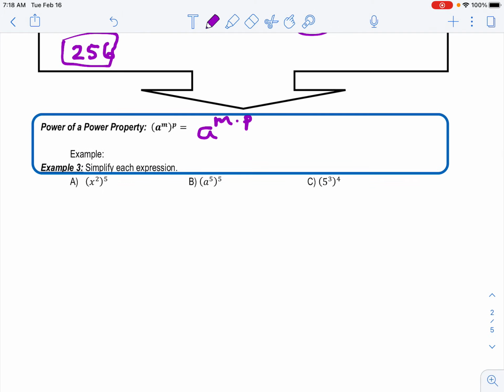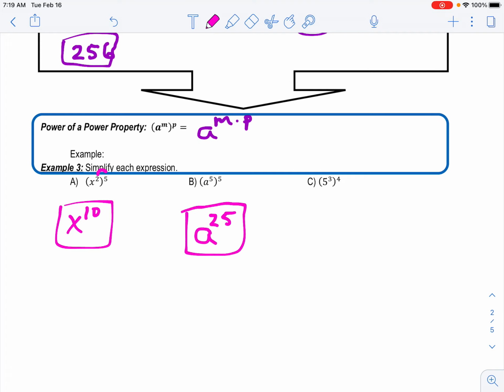Here we go. Let's try 3 examples. I've got x as our base. If I multiply in 2 times 5, I'm at x to the 10th. All right, well, if I multiply in, I'm at a to the 25th. If I multiply in, then I'm at 5 to the 12th.